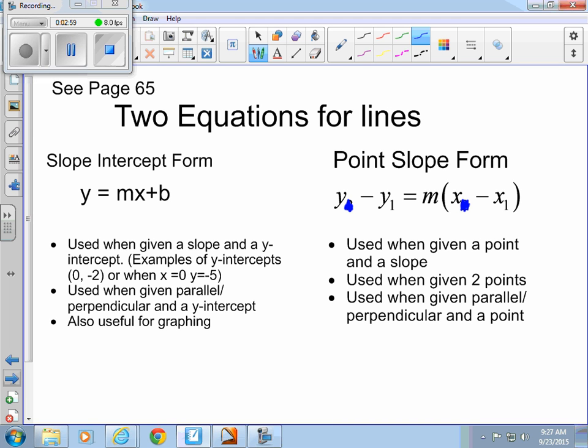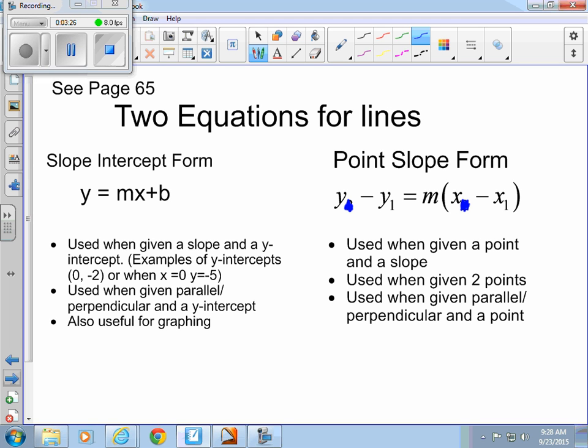Slope-intercept form is very useful for graphing, and if you have a slope and a y-intercept. Point slope form is better when you have a point and a slope, and that point is not the y-intercept, when you have 2 points, or when you are given a parallel or perpendicular line and a point.